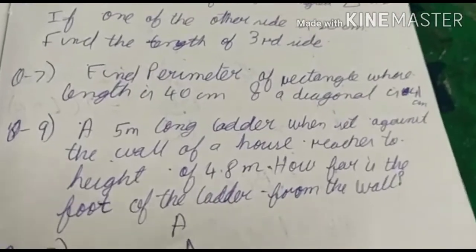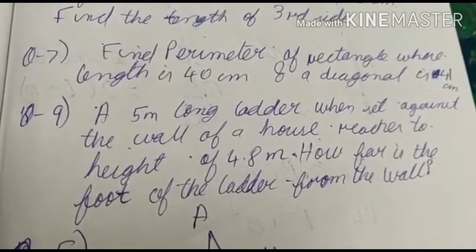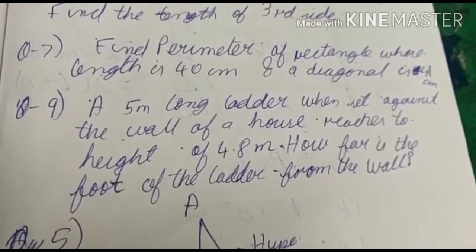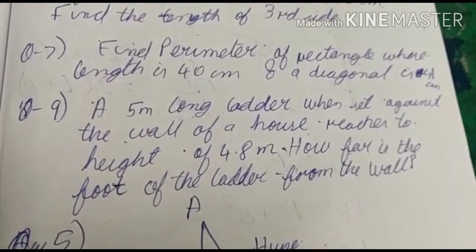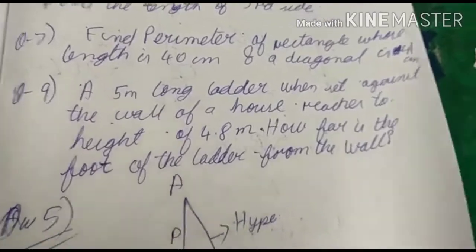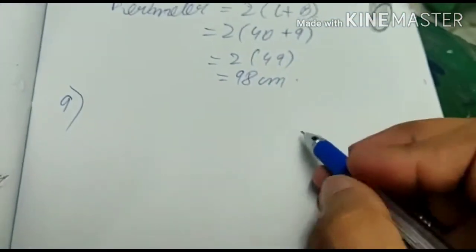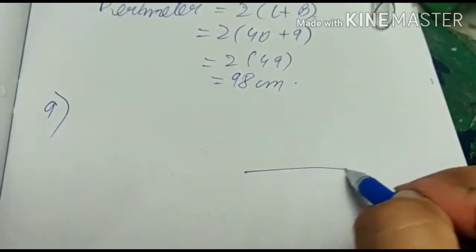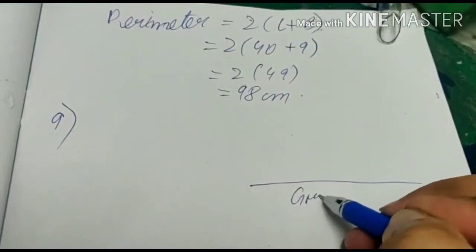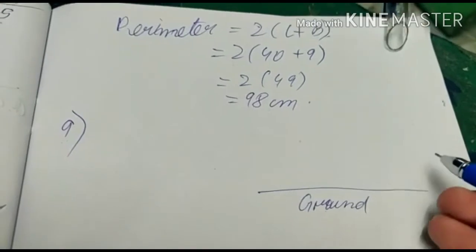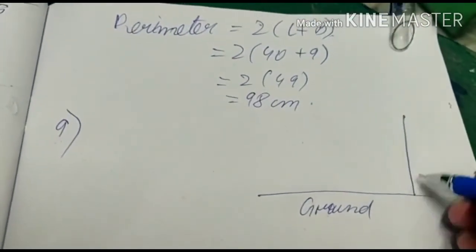Our next question is question number 9. A 5-meter long ladder is set against a wall of a house. This is the ground where we stand, and this is a house.